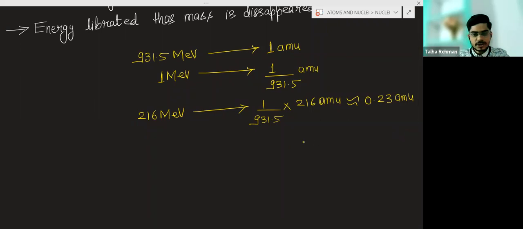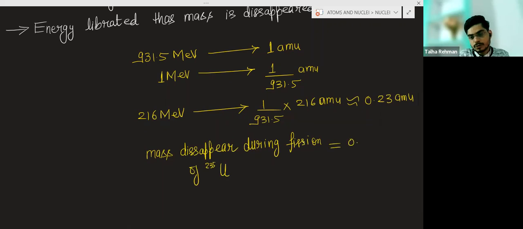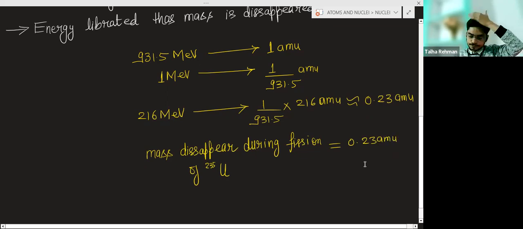So basically you can say mass disappeared during fission of uranium-235 is equal to 0.23 AMU.